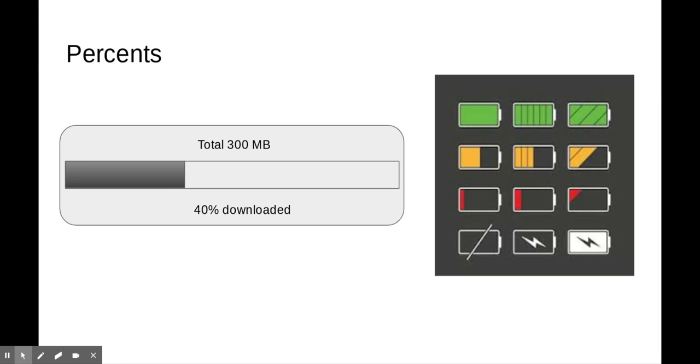Okay, so percents are ratios where the second number is 100, and they are proportional numbers. Students will have experienced percents. For example, if they've downloaded something, we're used to seeing these progress bars, or percent battery life on their devices is another place they may have seen this before.